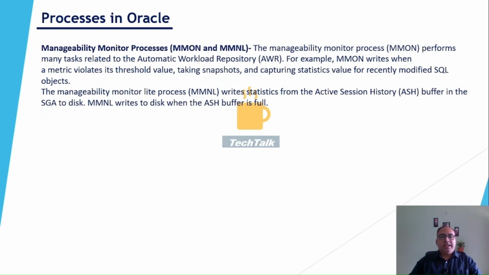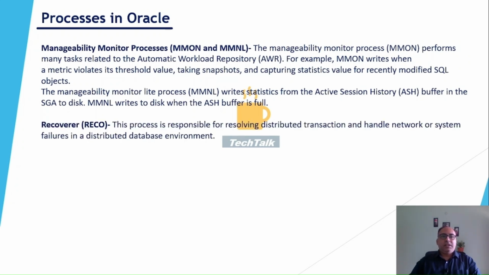ASH is a feature in Oracle DB that provides real-time insight into session activity. It captures data about active sessions, which can be crucial in understanding the current workload and diagnosing different sorts of performance issues.